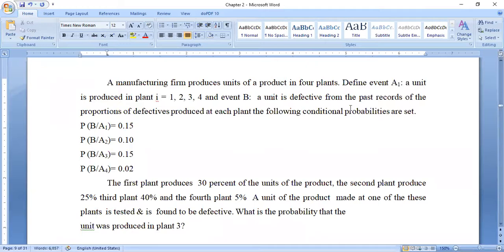A unit is defective. From the past records of the proportions of defectives produced at each plant, the following conditional probabilities are set.